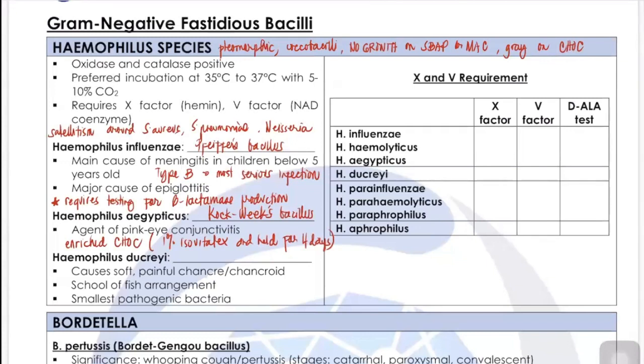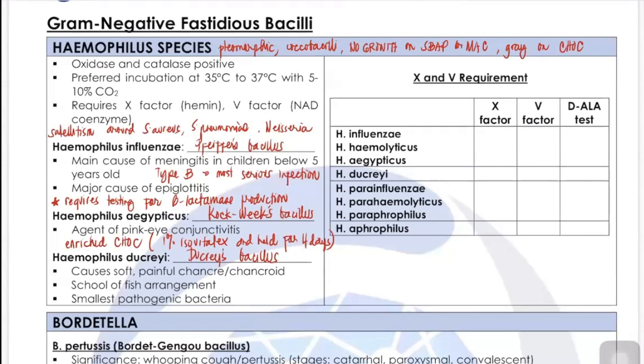To really ensure na kung meron ba talagang Haemophilus aegypticus o wala. And lastly, we have Haemophilus ducreyi, otherwise known as the Ducrey's bacillus. Okay? Ducrey's bacillus, it causes soft, painful chancre, or tinatawag din siyang chancroid. It has a school of fish arrangement on gram staining, and this is the smallest pathogenic bacteria. Okay?